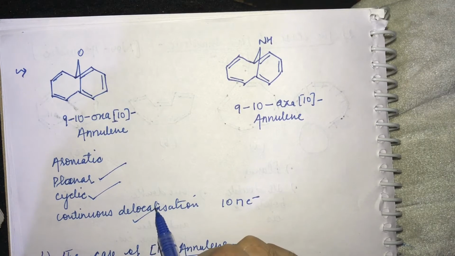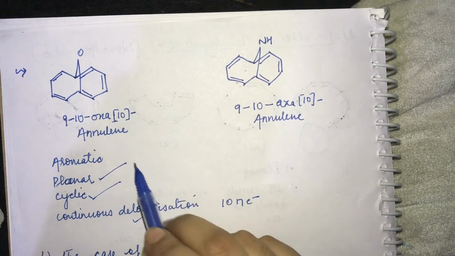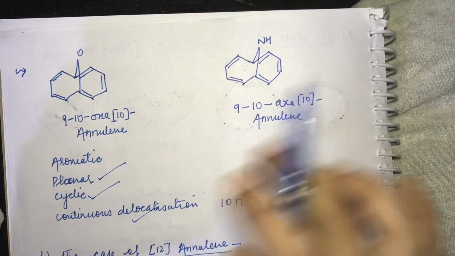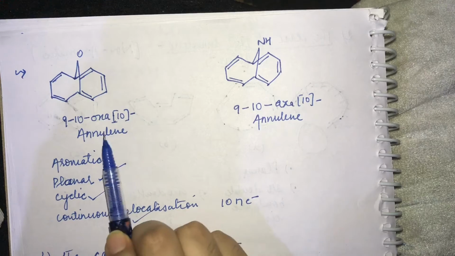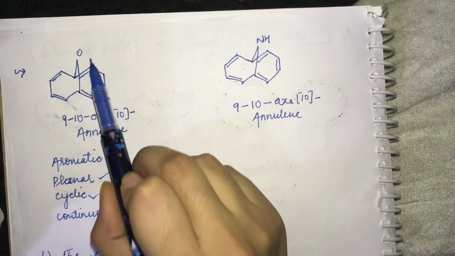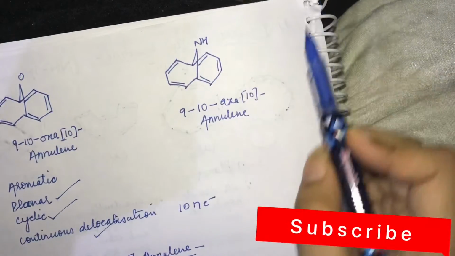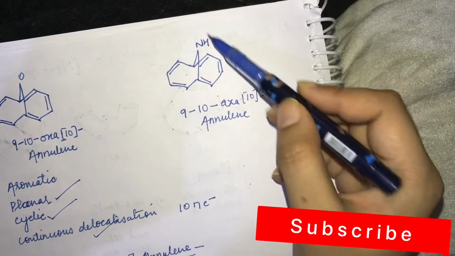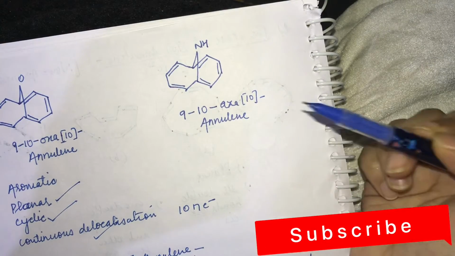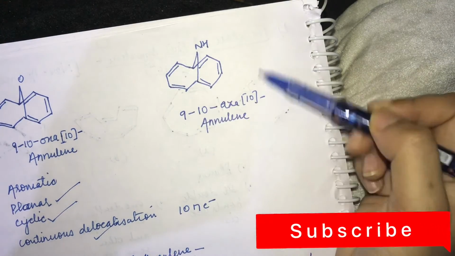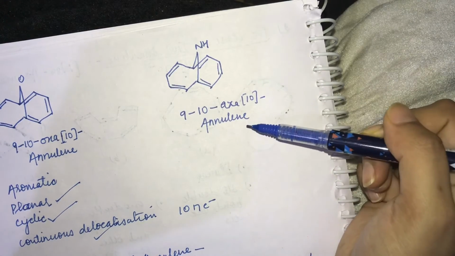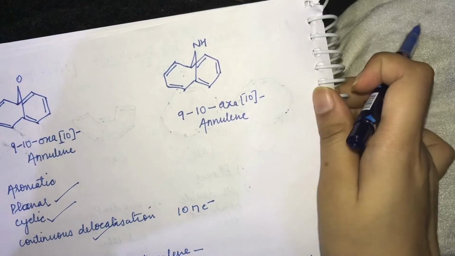This molecule will also be considered a 10 pi electron system with less strain, because we have added a bridge with an oxygen atom. Similarly, we have the 9,10-aza-10-annulene, which also fulfills the aromatic conditions of being cyclic, planar, with continuous delocalization of 10 pi electrons.